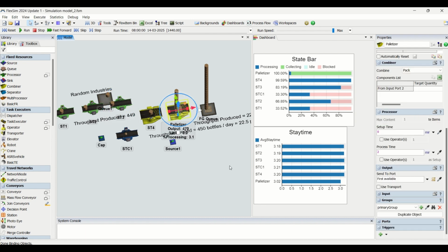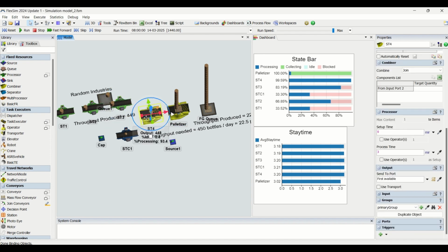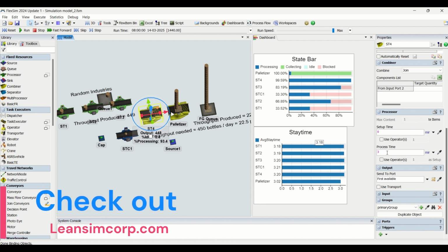We found that these 2 are the stations which are the bottleneck in the system. The cycle time of the station is 3 minutes.